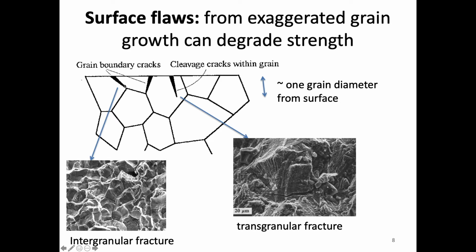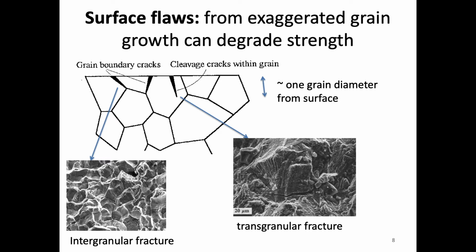This crack is stuck at this location because of the grain size. Same thing here: if we have a cleavage crack within the grain, once it reaches the grain boundary, it would again have to change directions to expand that crack. So they are, for the most part, limited to the size of the grain.